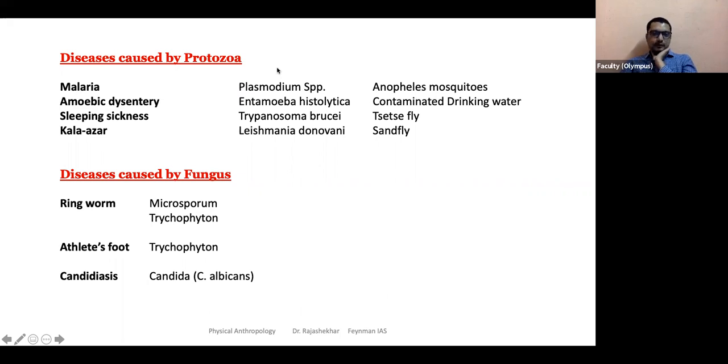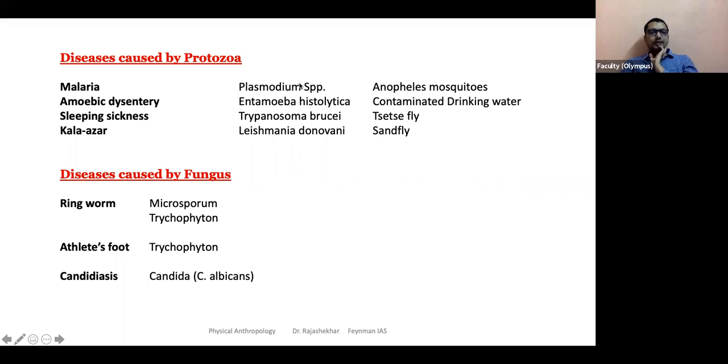Similarly, some examples that used to be very common in the exams before, like sleeping sickness, called trypanosomiasis or African sleeping sickness, caused by Trypanosoma and transmitted by flies called tsetse flies.